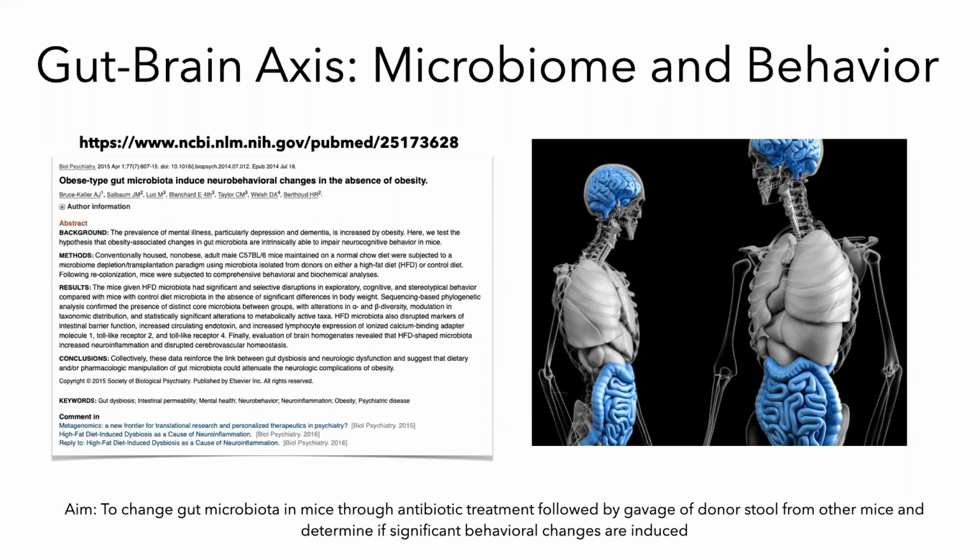They were found to have significant and selective disruptions in exploratory, cognitive, and stereotypical behavior compared with mice with control diet microbiota, in the absence of significant differences in body weight.